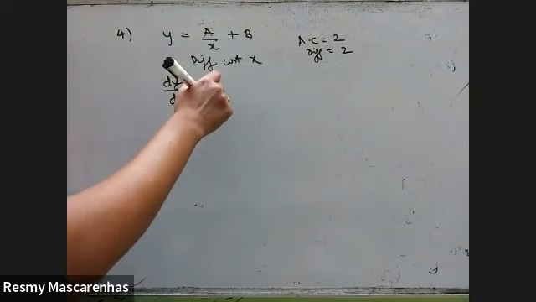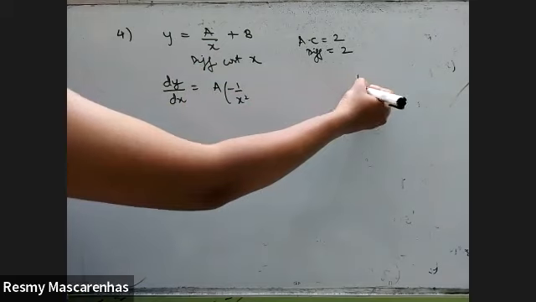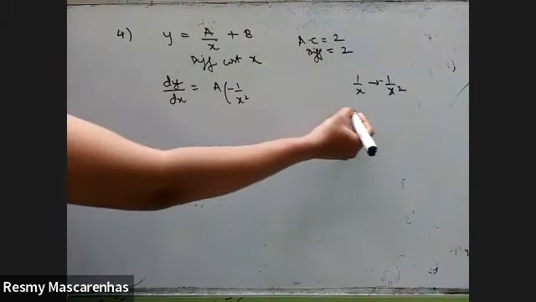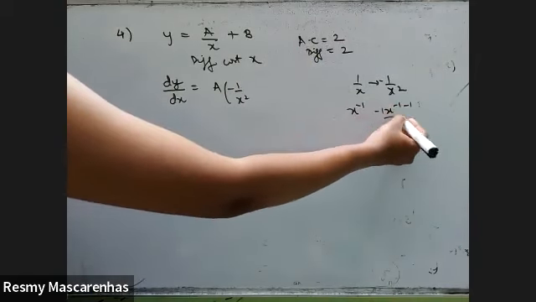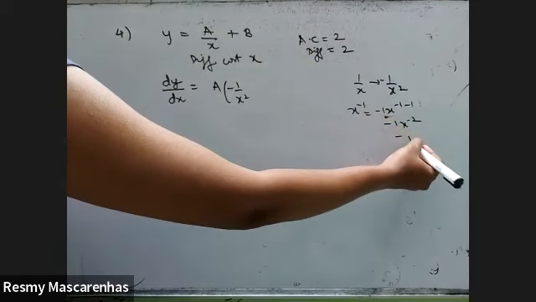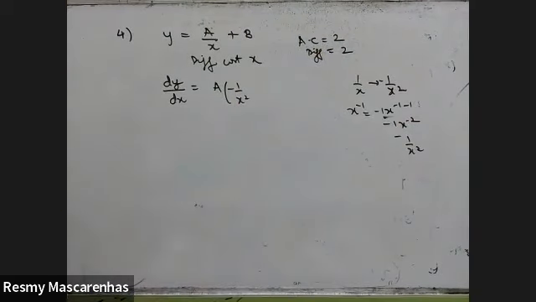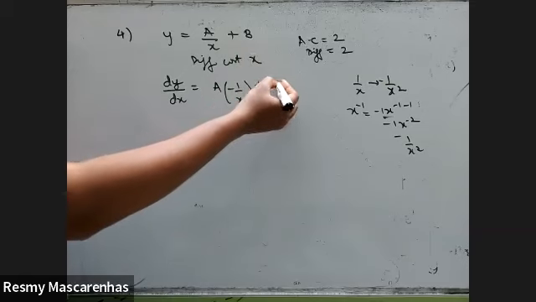Derivative of 1 by x is always minus 1 by x square. How do you get that? Take this as x raised to minus 1. Bring the power down, minus 1, so it will be minus 1 x raised to minus 2. It's a fixed formula. So derivative of a into 1 by x is minus 1 by x square. Derivative of b will be anyway 0.